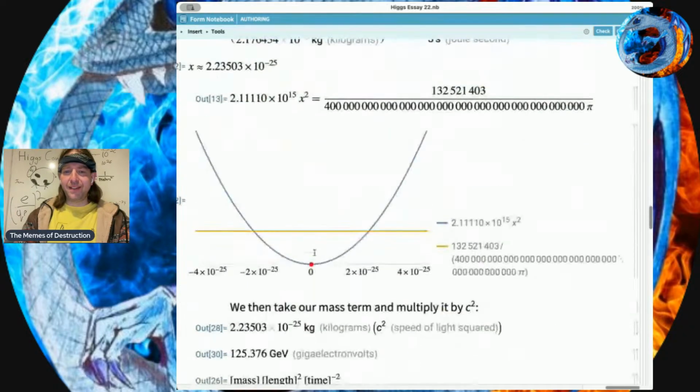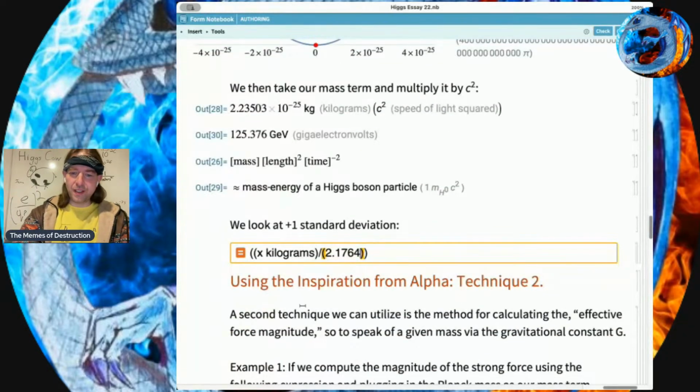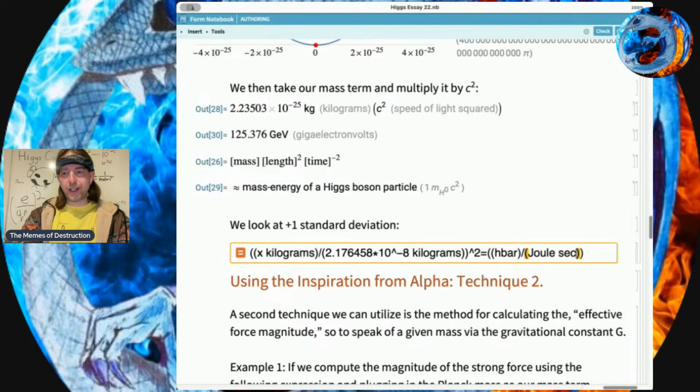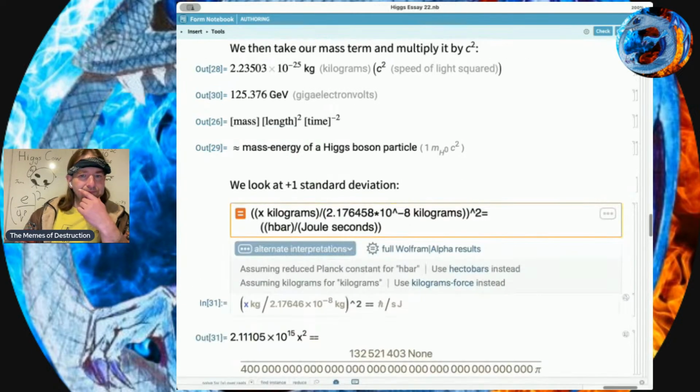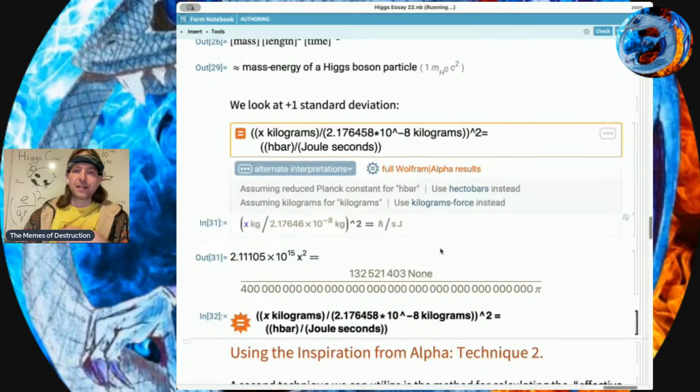It's going to be 5.8 times 10 raised to the -8 kilograms. You're going to square that, equal to h bar, the elementary unit of action, divided by joule seconds, the reference of action. Okay. We got results.